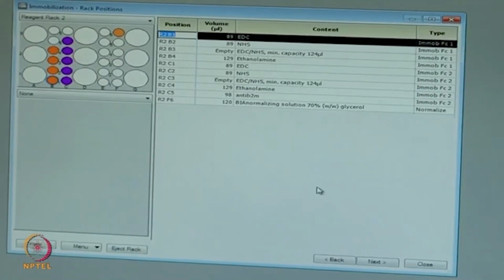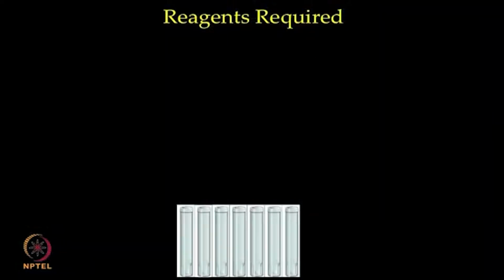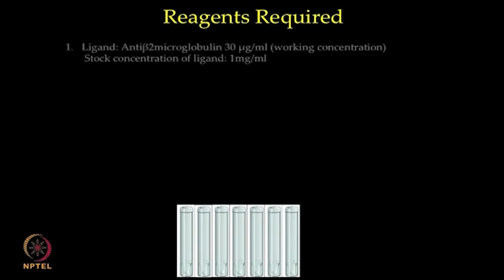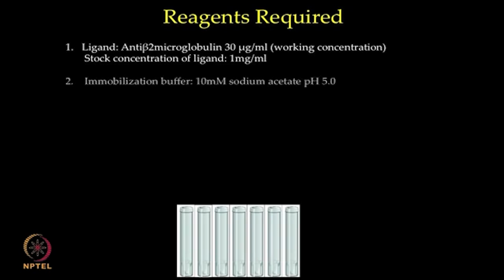As was listed on the table, we will now have a closer look at the buffers and reagents required for immobilization of anti-beta-2 microglobulin. The reagents include a stock concentration of anti-beta-2 microglobulin from which a working concentration of 30 microgram per ml will be made using an immobilization buffer of 10 millimolar sodium acetate pH 5.